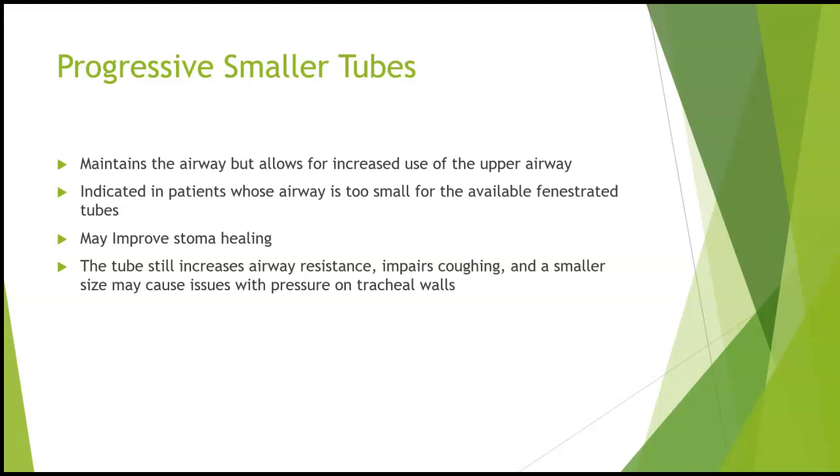This is a methodology we use a lot for patients whose airways are too small for fenestrated tubes that are out there. By using progressively smaller tubes, this might help with stoma healing. Especially if stomas have been there for a while, reducing the size of the tube inside that stoma might help it close ultimately.